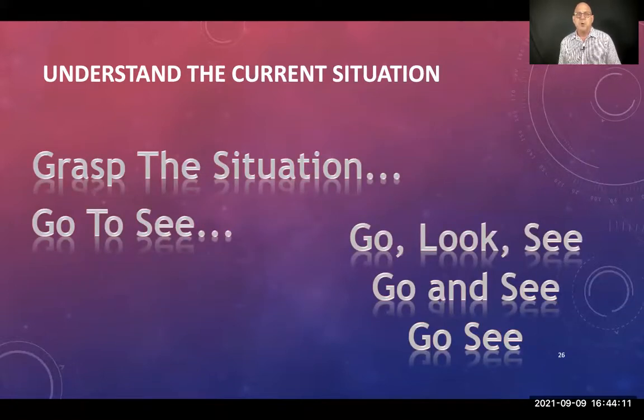The biggest part of understanding the current situation is getting the leaders to actually go out and understand the situation. Tracy Richardson, and we mentioned her before, has a huge following on LinkedIn and is always posting great information.